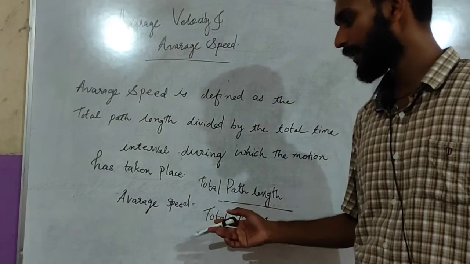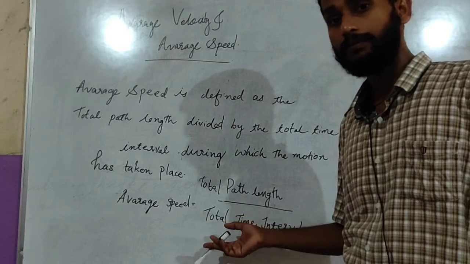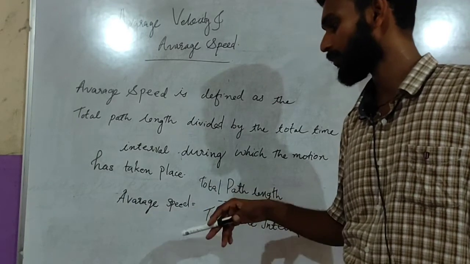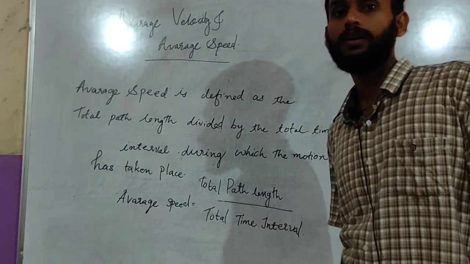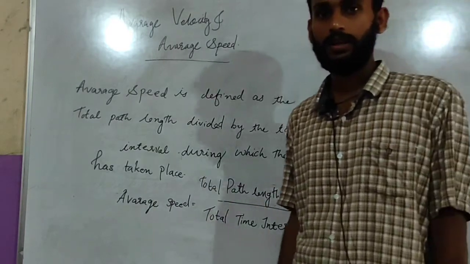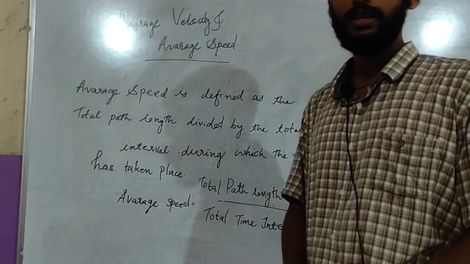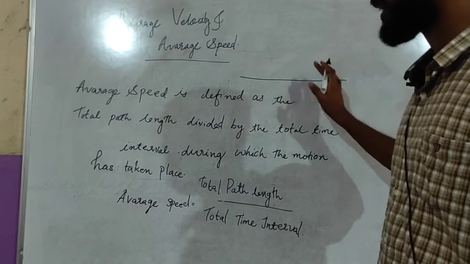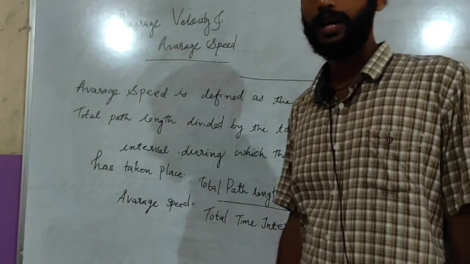Average speed can also be equal to the average velocity if the direction of the motion is the same.